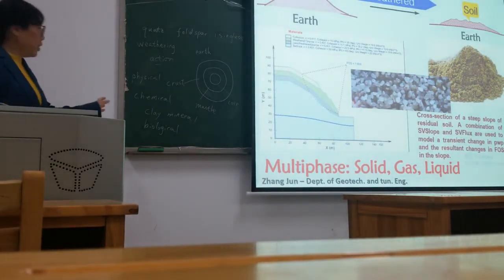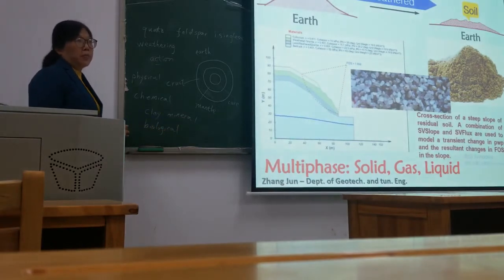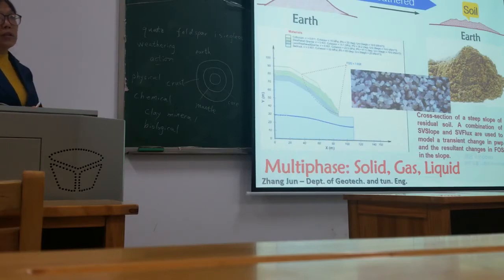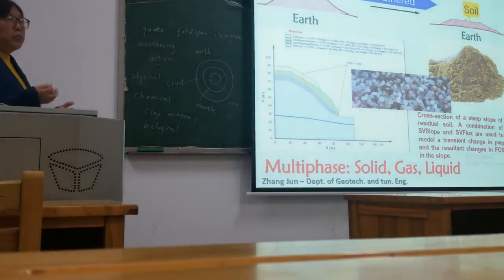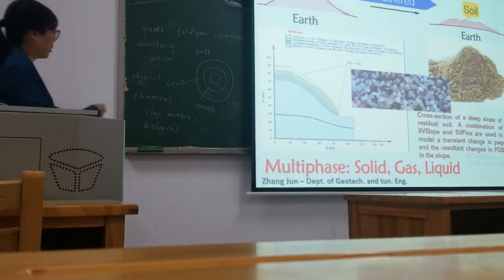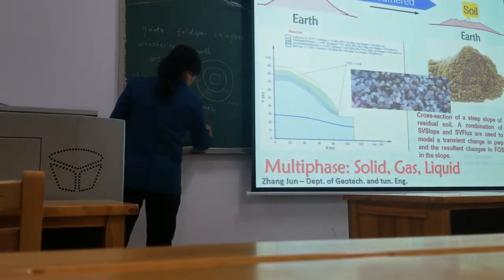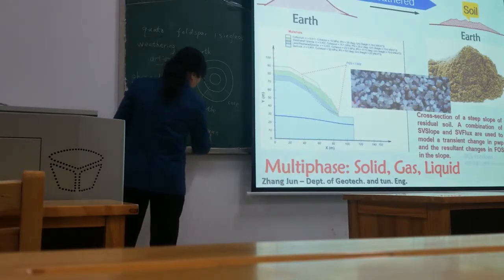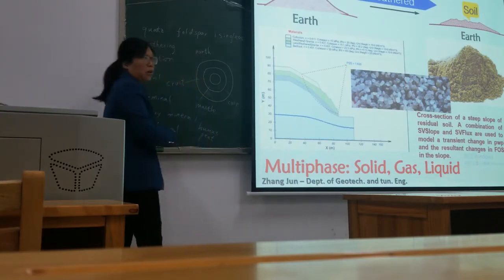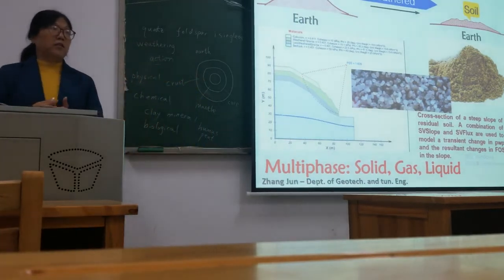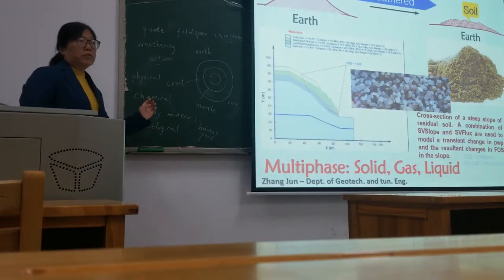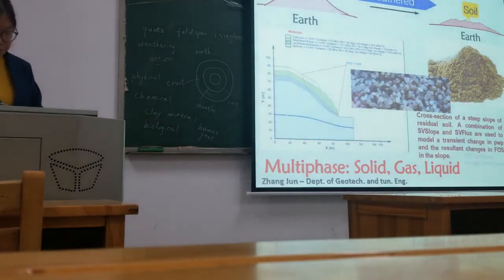Maybe the organic matter comes from biological weathering. Okay? And the humus or peat, organic matter, it comes from biological weathering. Okay.